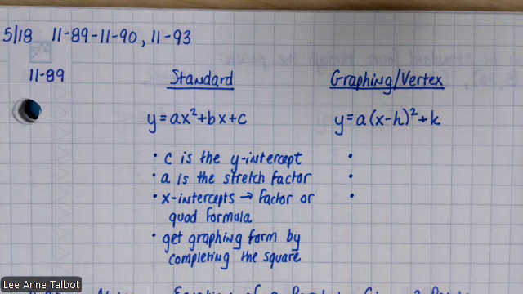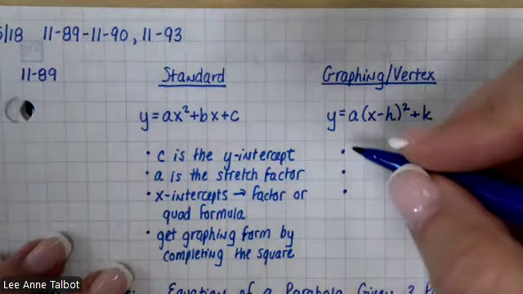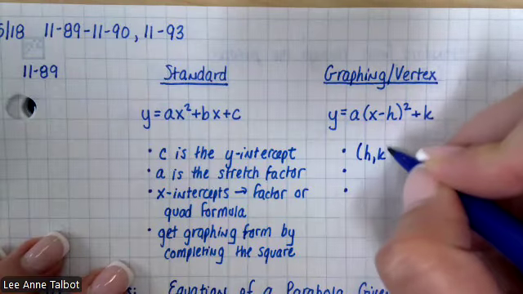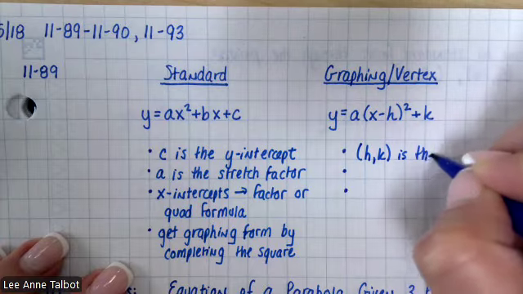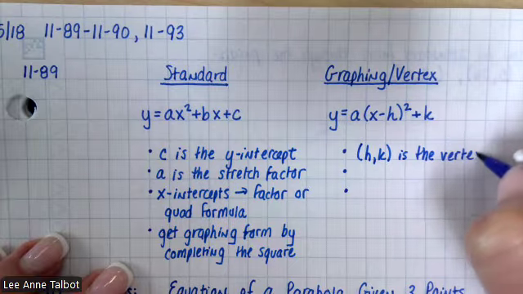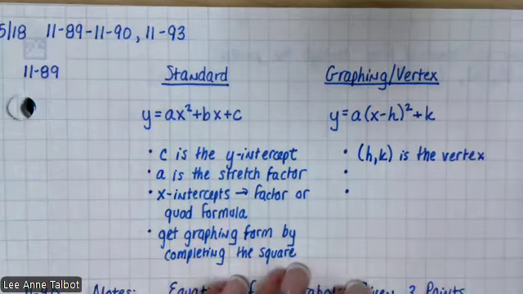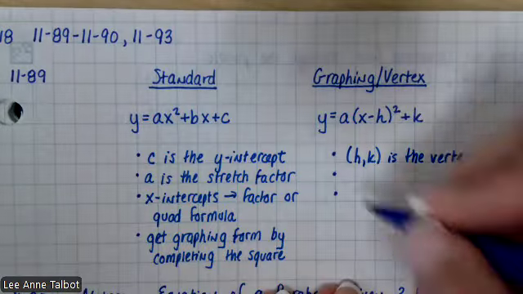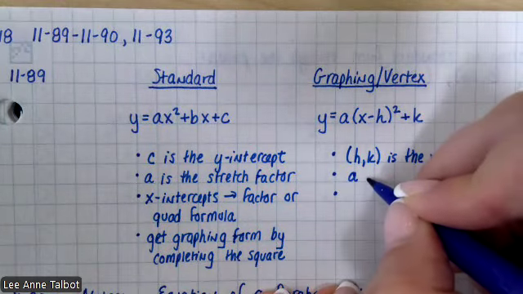Okay. Now, what's the difference between that and this? H, K is the vertex. A is still the stretch factor.